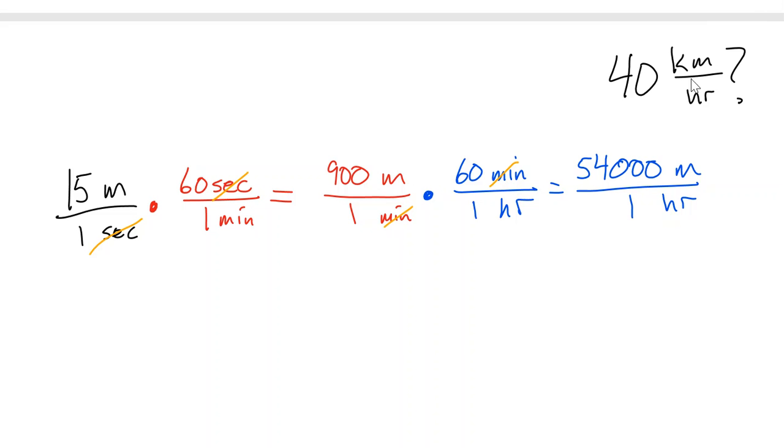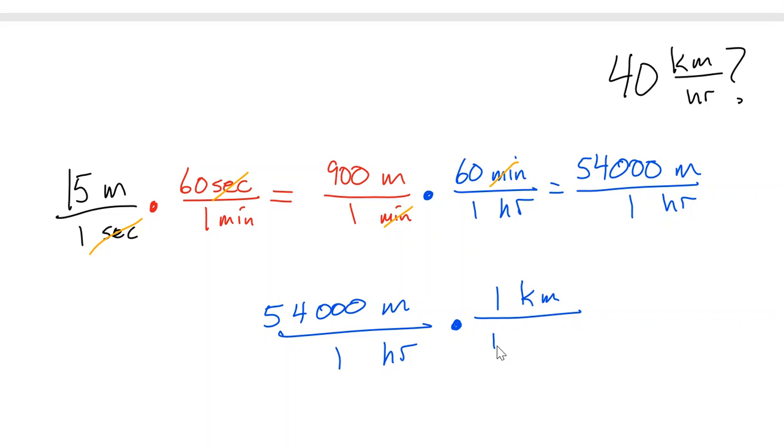And so now we're at meters per hour, and we want kilometers per hour. So all we have to do is change the meters into kilometers. So we're going to say 54,000 meters in 1 hour times, and then you're going to change from meters to kilometers. So you're going to have 1 kilometer for 1,000 meters.